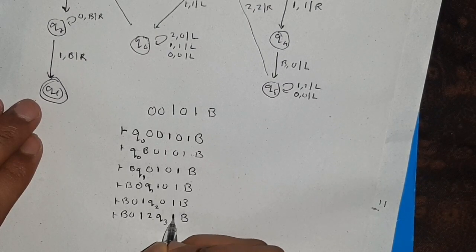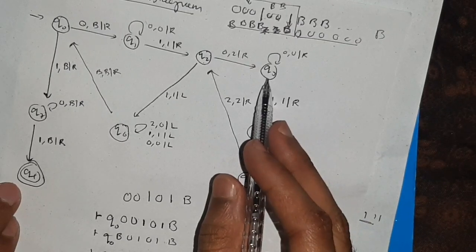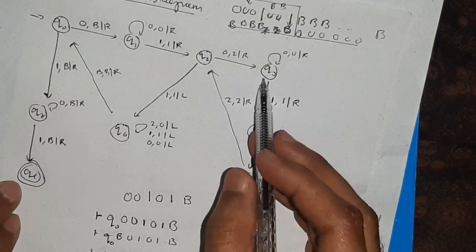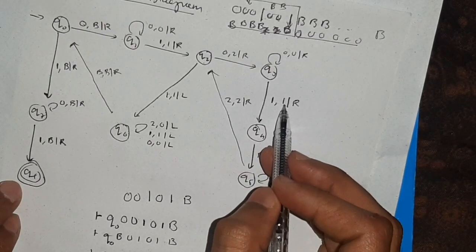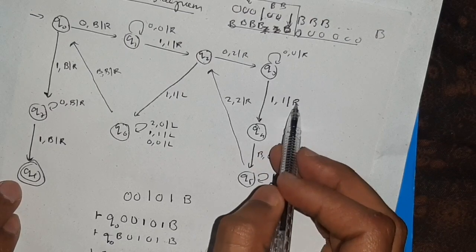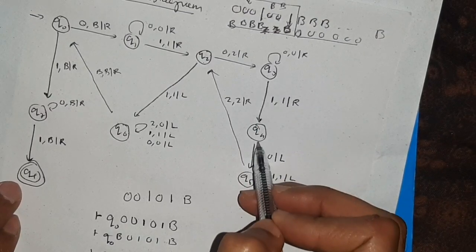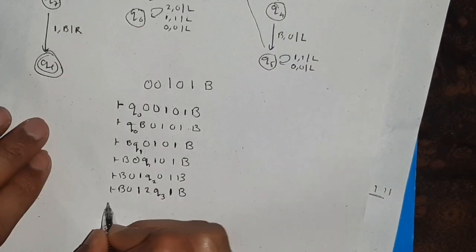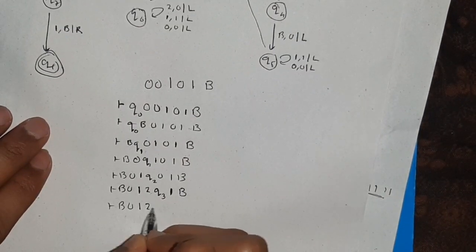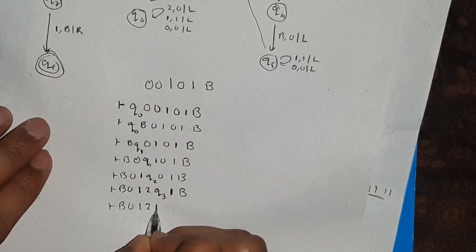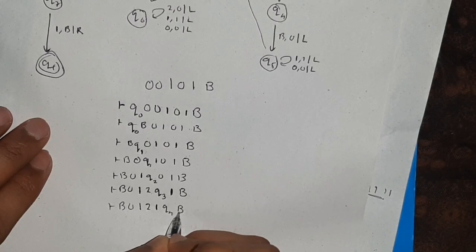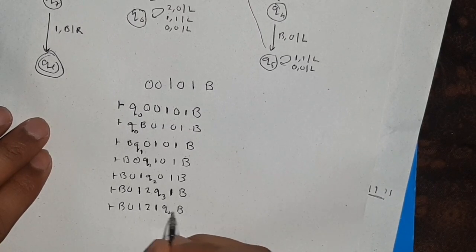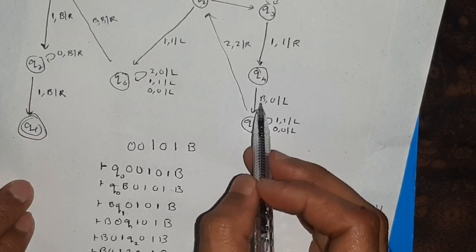After the state q3, if I encounter 1, I have to change my state from q3 to q4. I'll move to the right and I'll keep it as 1 only. So B 0 1 2, and here 1 will come, q4 B. And after that, q4 on B, what does q4 on B do?